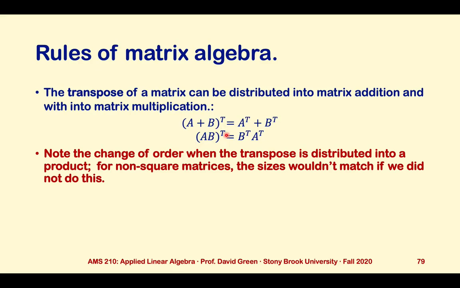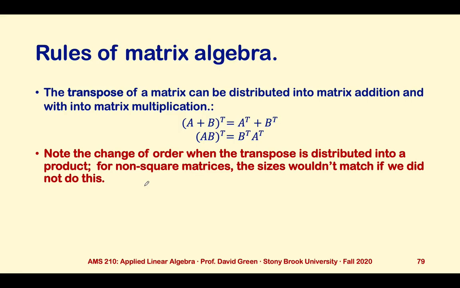And the order changes when we distribute the transpose. The transpose of A times B is B transpose times A transpose. We have to switch this for a very, very important reason.